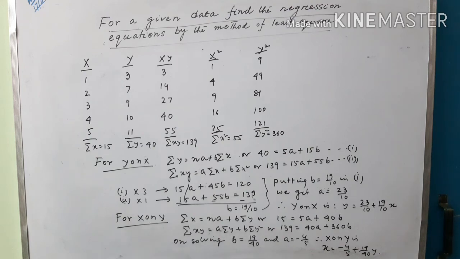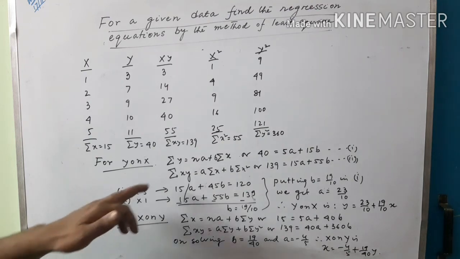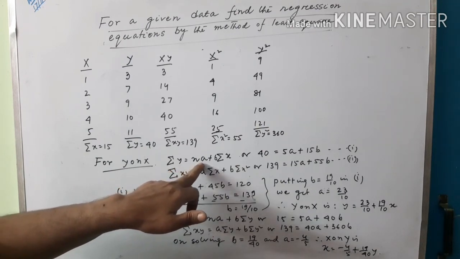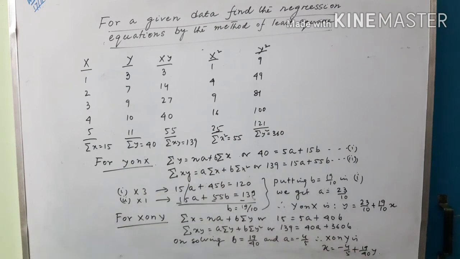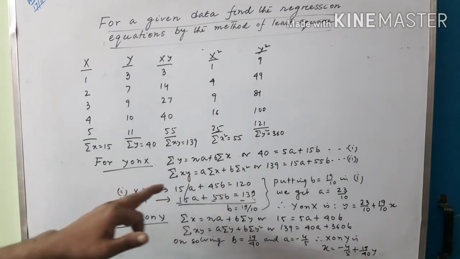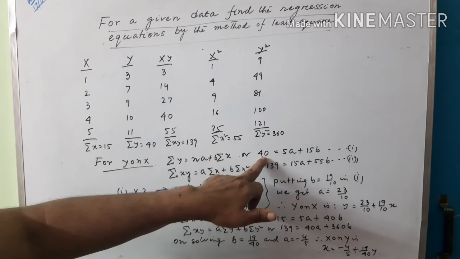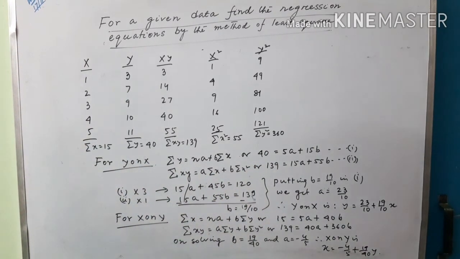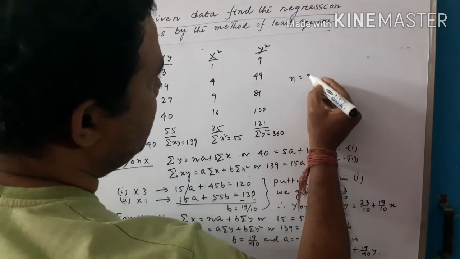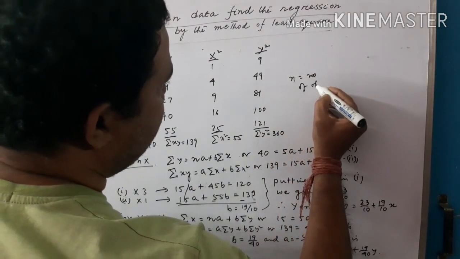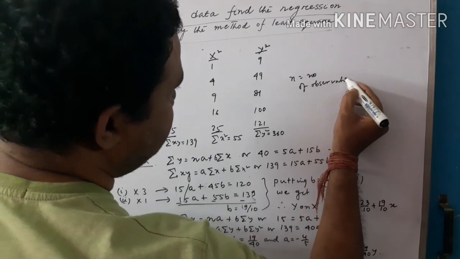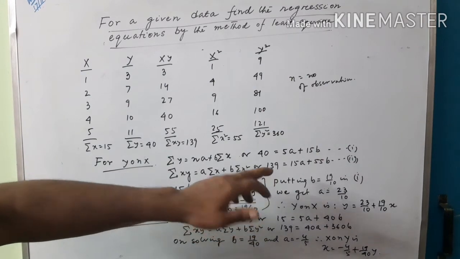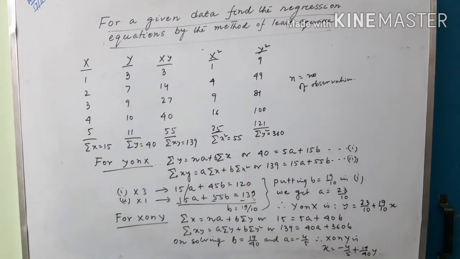Now here we are finding the equation of y on x. We have already seen that the two normal equations are sigma y equals n into a plus b into sigma x. Sigma y is 40, and n is the number of observations. Here x has 5 observations, and y also has 5 observations because this is bivariate data.